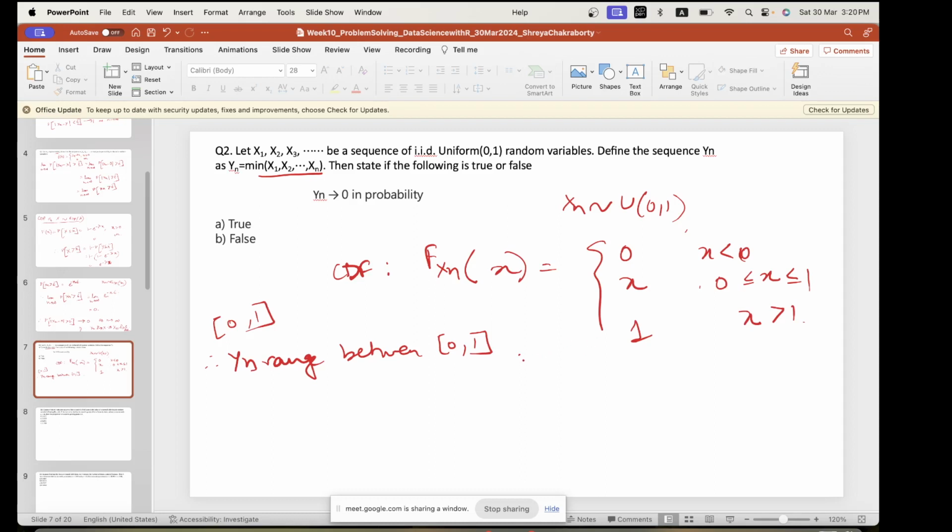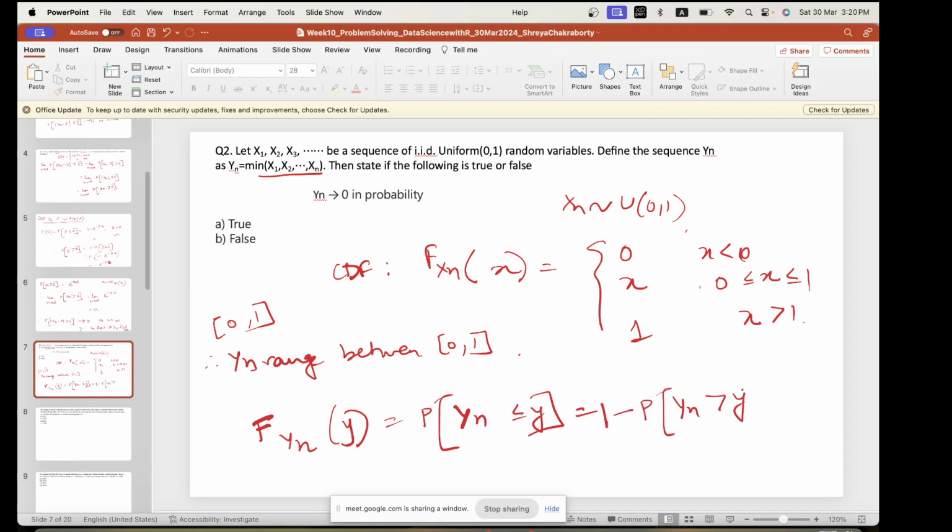Okay. So now, if we want to write the CDF of Yn at y, this will be the probability Yn less than or equal to y. This we can write as 1 minus the probability Yn greater than y. Now, if the minimum is greater than y, this implies that all the variables are greater than y.